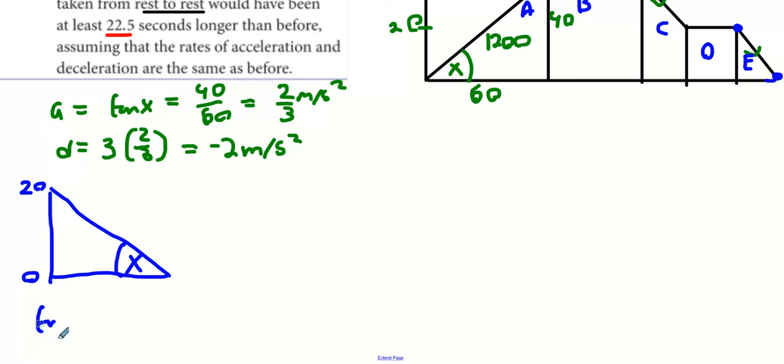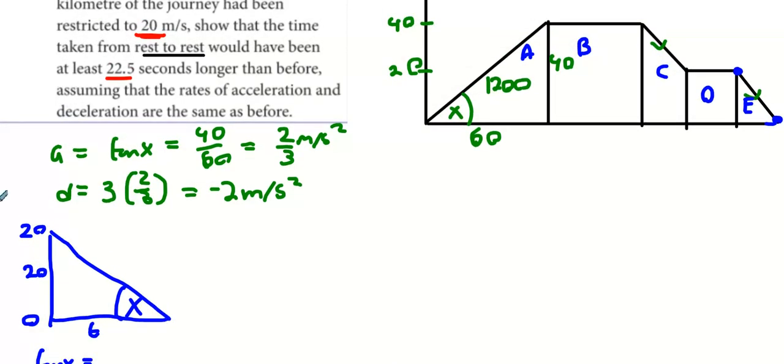In area E, you start off at 20, you end up at 0. We know the deceleration, don't we? The deceleration is minus 2 or 2. So we know that tan x, which is 20 divided by t, and what we're trying to prove, guys, is that the journey is 22.5 seconds longer.